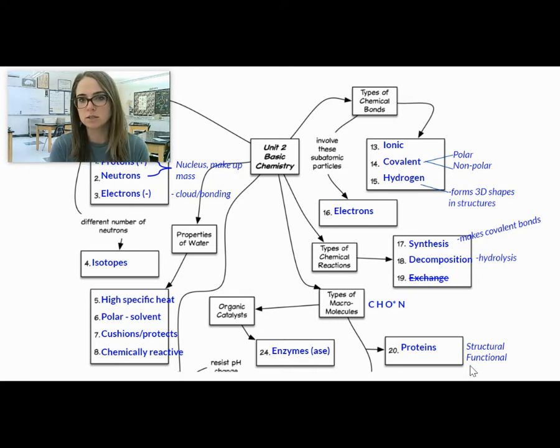Some of our cartilages also contain collagen. Those are structural proteins, things that are firm, that provide support, but they don't do a thing other than providing support and structure in our body and in our cells. Enzymes are functional proteins. Remember that one.